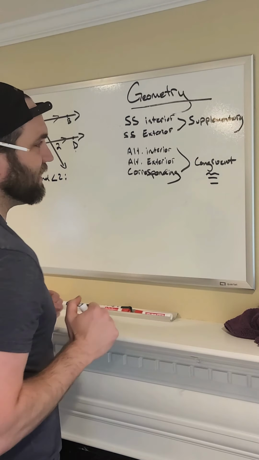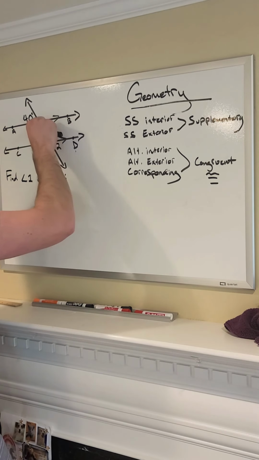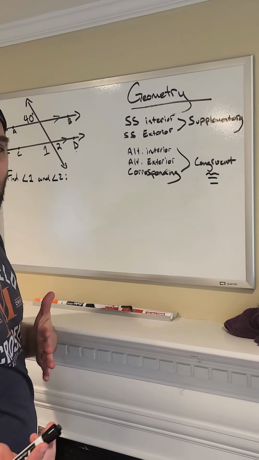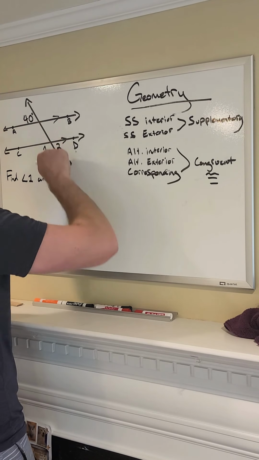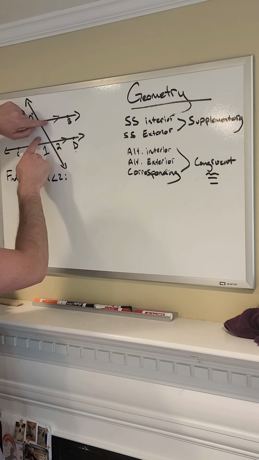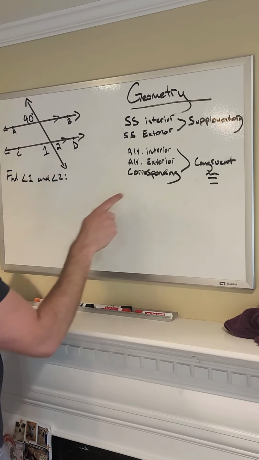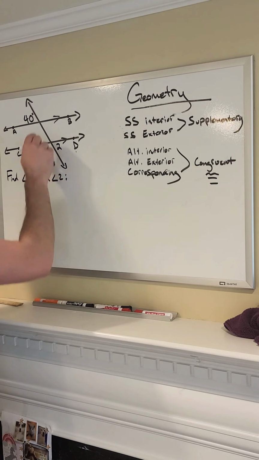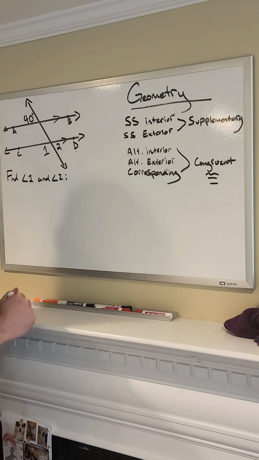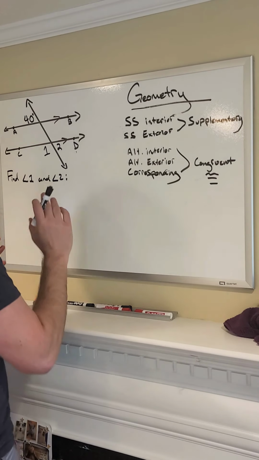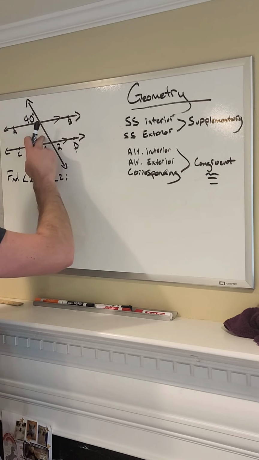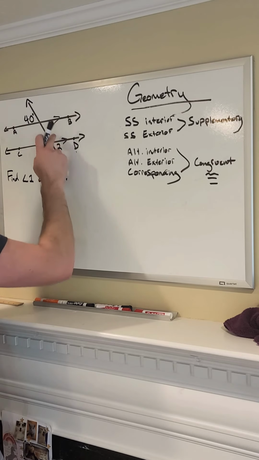Again, on the same side of the transversal, but those were on the exterior of the figure. Now, alternate interior. We're inside the figure again, so here and here on opposite sides of the transversal. And then there's another right here. Corresponding angles are angles that if I were to cut this off and place it on top of those, they would be right on top of one another. So this angle corresponds, here and here, here and here.